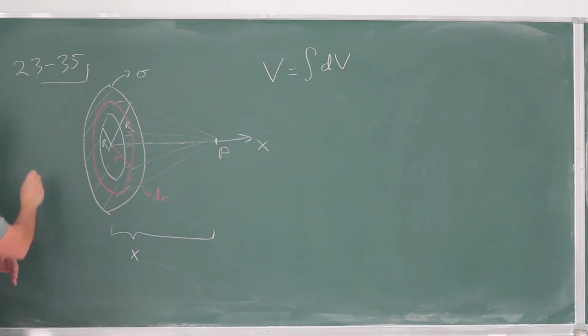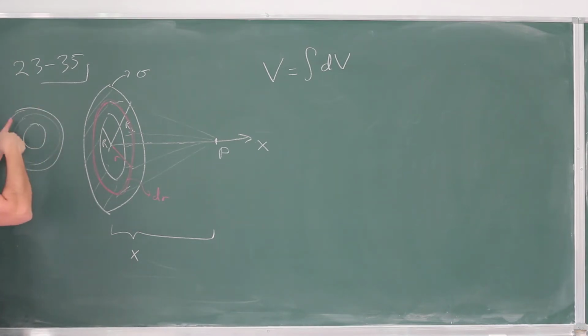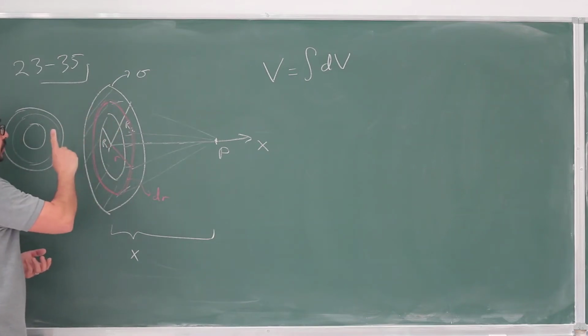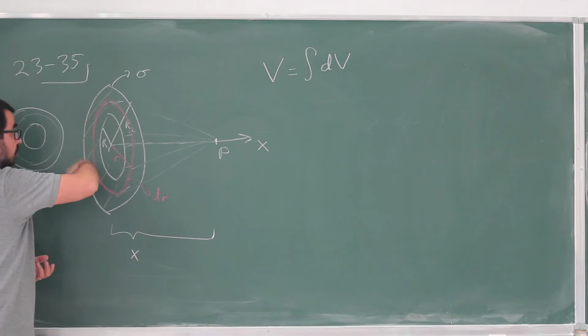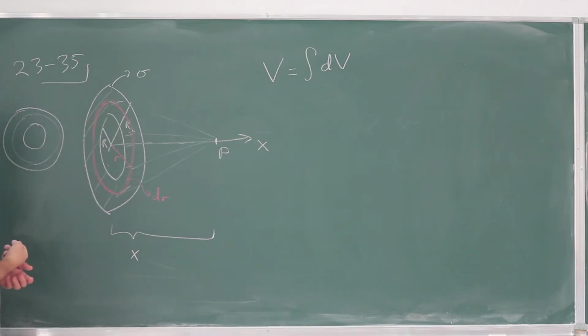Now remember, this actually looks this way. If you're coming from the symmetry axis and looking at one of the rings, all the points on that ring are equidistant from any point on the symmetry axis, by symmetry. So I don't need to calculate this for everything. I just need to calculate it for one point, and I can integrate trivially over the ring.